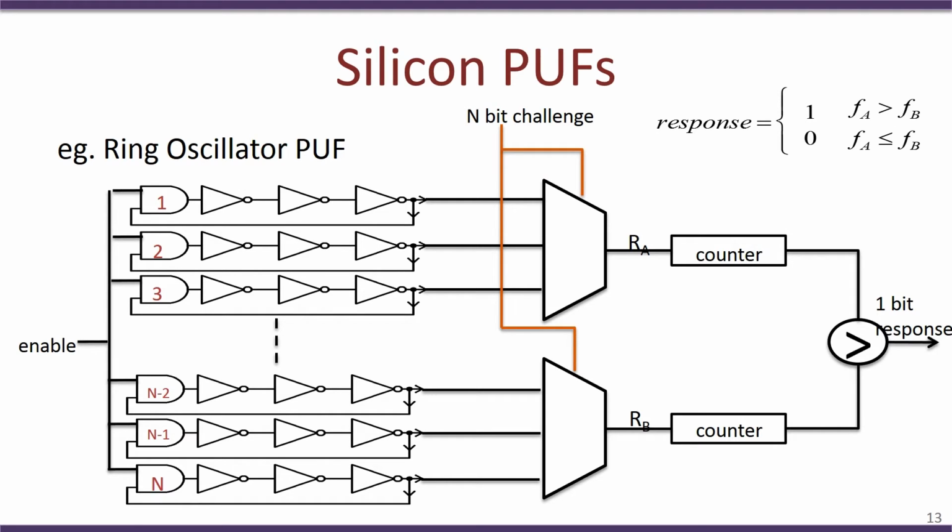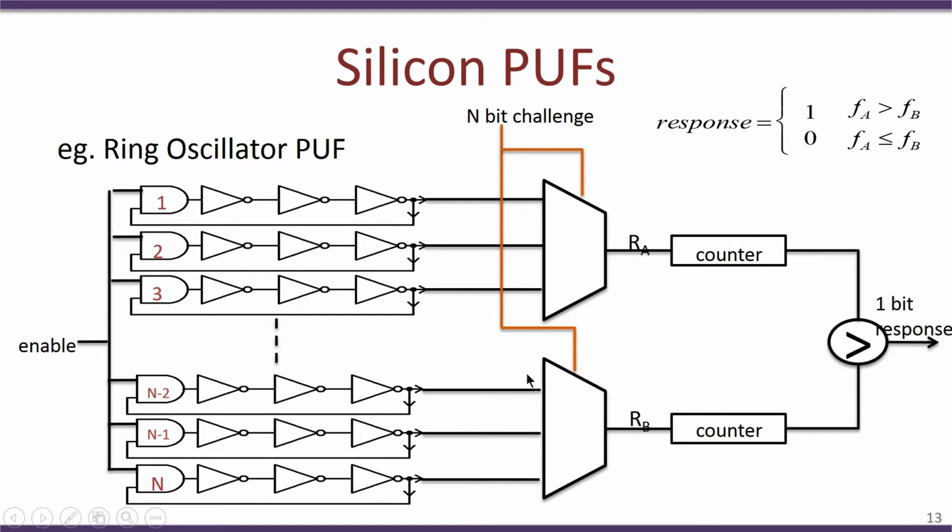Therefore, each of these n ring oscillators is expected to produce a different frequency. The challenge picks 2 ring oscillators at random, and in our discussion, ring oscillators 2 and n, because of these intrinsic properties, would generate waveforms of different frequencies.